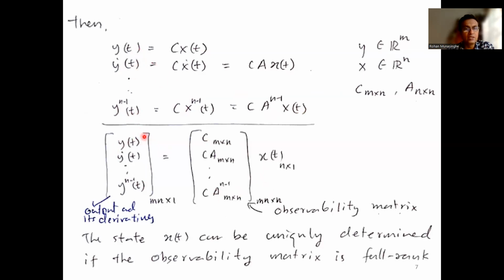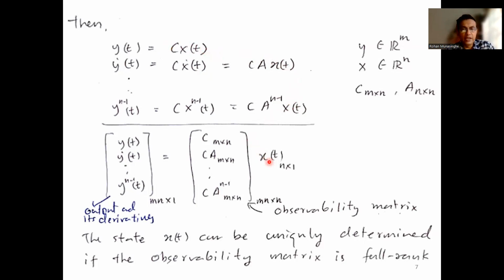On the left hand side, it is y(t), the direct measurement, and all its successive derivatives up to n minus 1. So they are all here. And on the right hand side, you have the matrices C, CA, up to CA^(n-1). And after that, it is just x(t). All of these equations will have x(t).